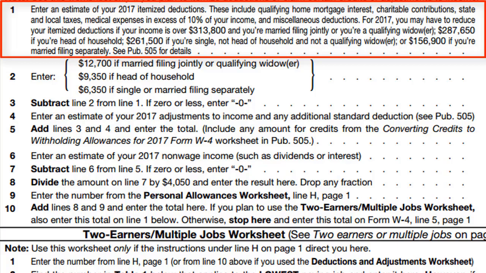For 2017, you may have to reduce your itemized deductions if your income is over $313,800 and you're married filing jointly, or you're a qualifying widow, $287,650 if you are head of household, $261,500 if you're single, not head of household, and not a qualifying widow, or $156,900 if you're married filing separately." See publication 505 for details.